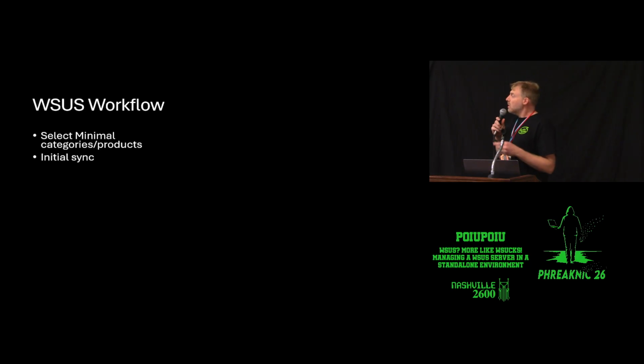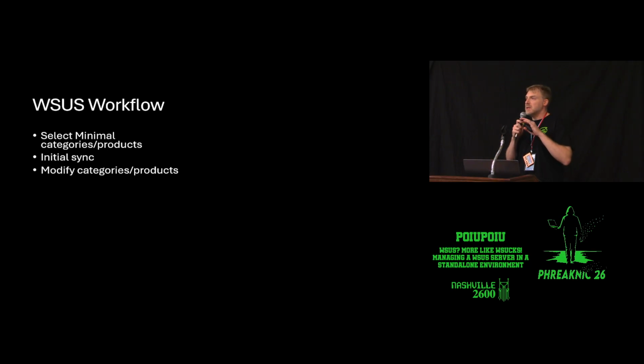So the general workflow of WSUS is you go in and select the categories and products. If you do not do this, you're going to be waiting for days while it does its initial synchronization. Remember, the initial database has XP at the highest.